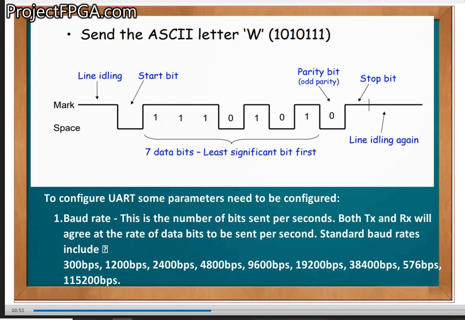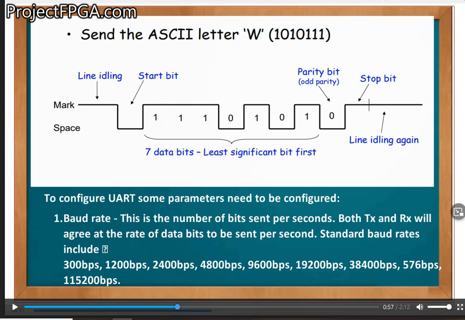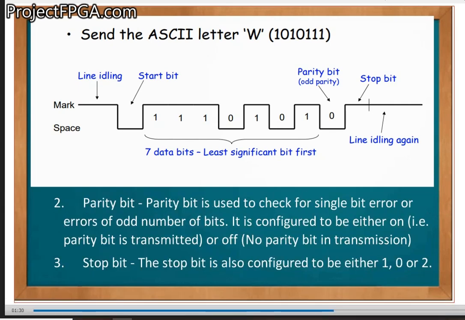Standard baud rates include 300 bits per second, 1200, 2400, 4800, 9600, 19200, 38400, 57600, and 115200 bits per second. The second one is the parity bit.